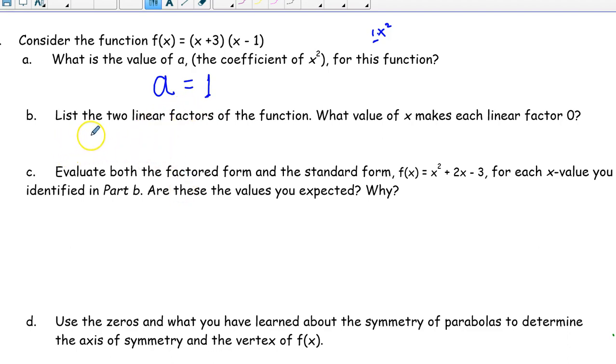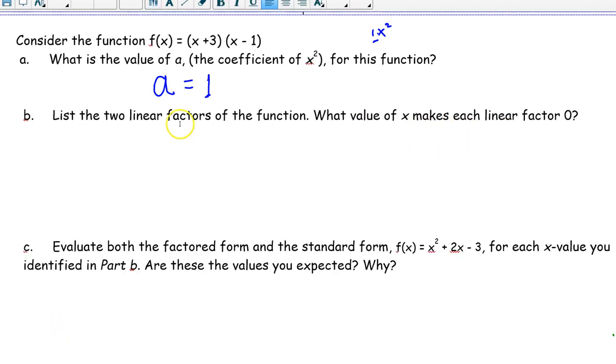Now list the two linear factors of the function, and then what value of x makes each linear factor 0. So what is the first linear factor? It is x plus 3, and the second linear factor is x minus 1. Linear means the degree of x is 1.